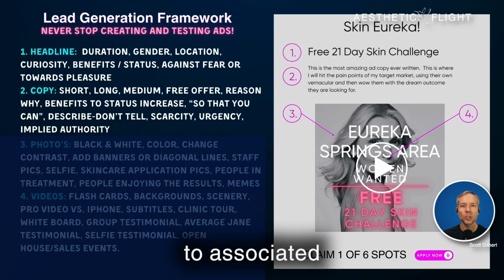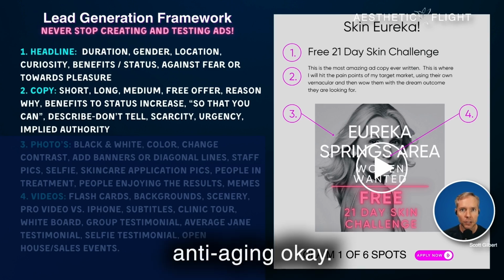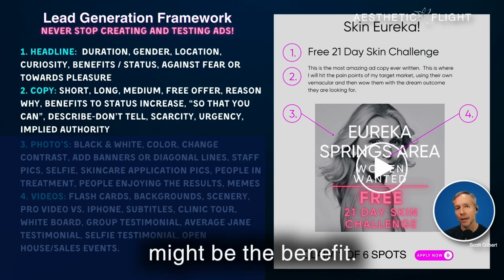You have to associate it so tactically that the person who reads it can feel what that outcome is like. Okay, an example might be if the benefit was anti-aging, so "look 5 years younger" might be the benefit.